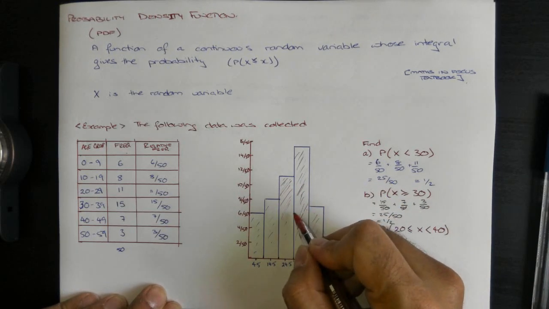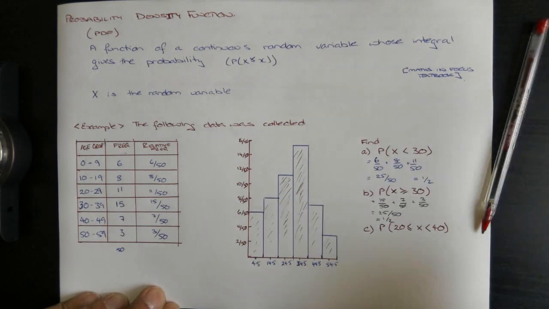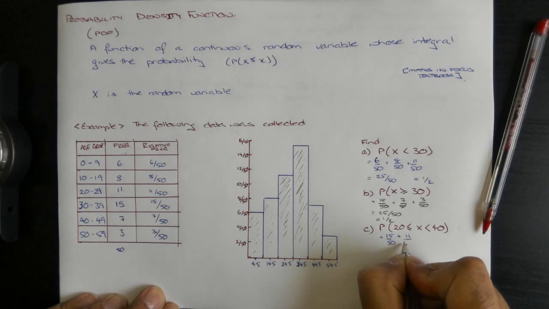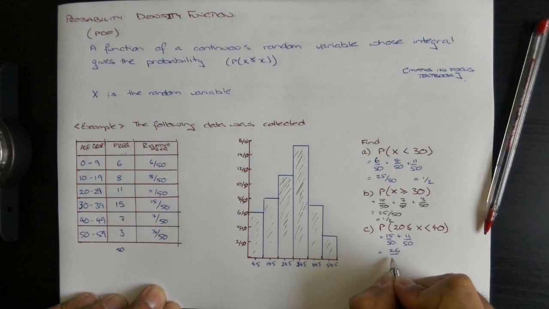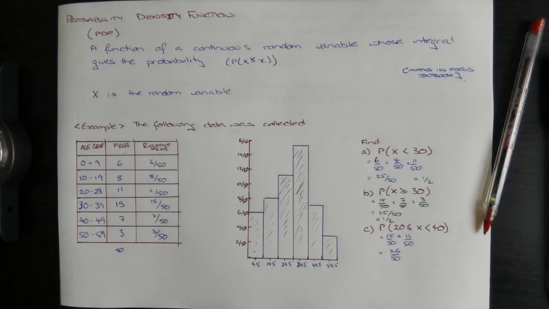So 15 plus 11, and that would be 26 over 50. And so therefore you can find the probability of these things.